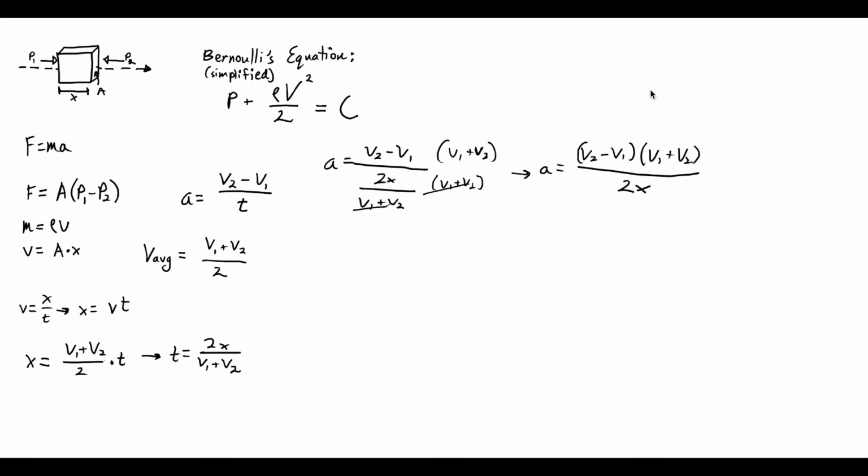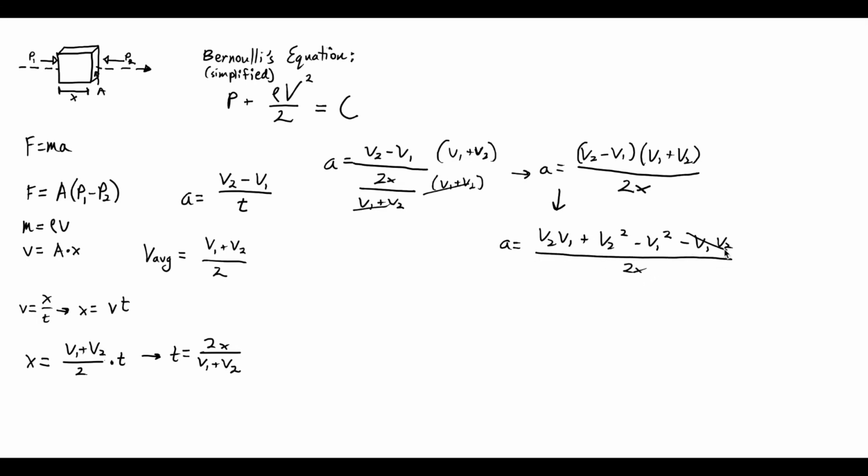Now that we have all the variables we need, we can plug them into Newton's second law, because we now have an equation for acceleration that relates to velocity. We can simplify this even more. We would get v2 v1 plus v2 squared minus v1 squared minus v1 v2 over 2x.